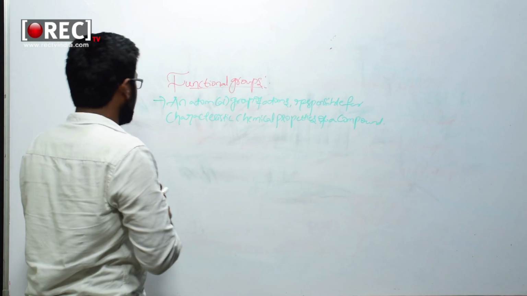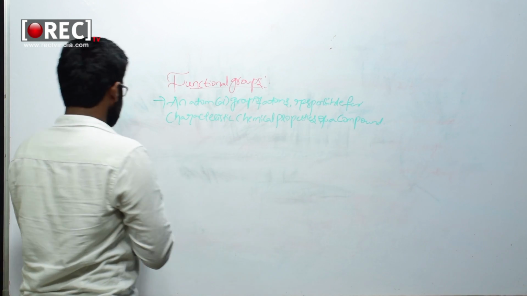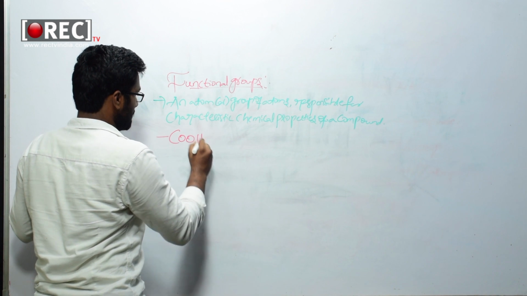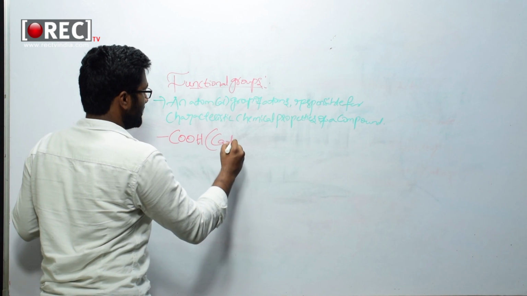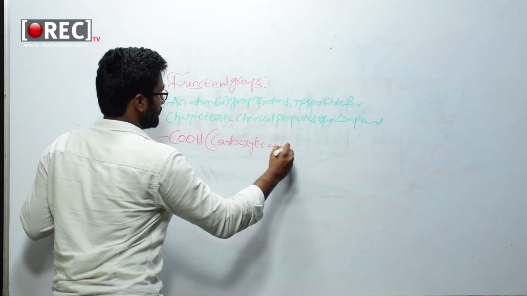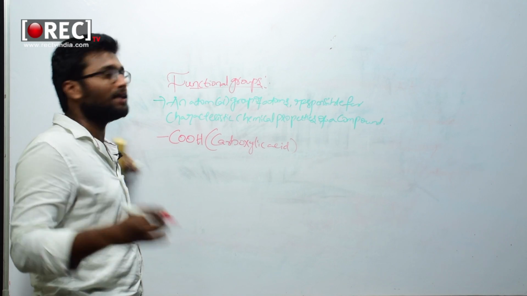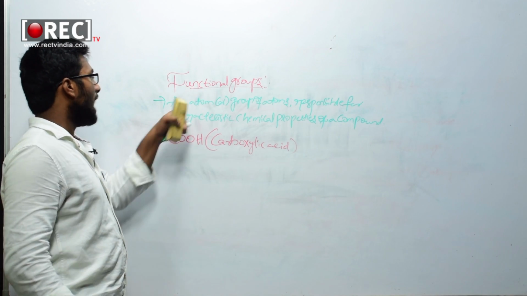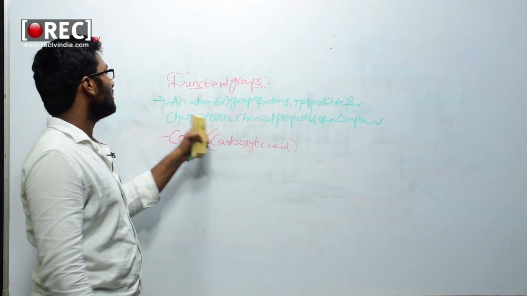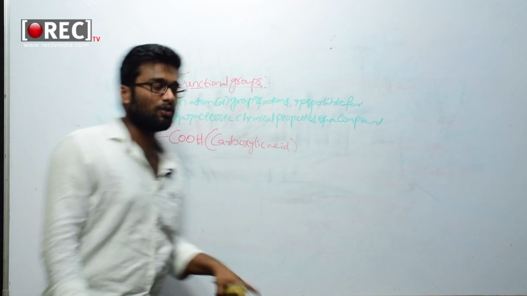Let us take an example of the carboxylic acid group, that is COOH. This group is called carboxylic acid. The name itself represents acid. So what is a functional group? An atom or a group of atoms which is responsible for characteristic chemical properties of a compound.